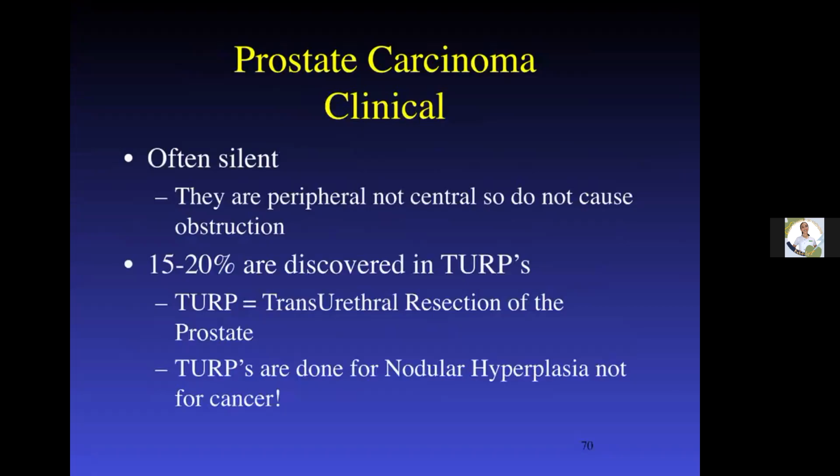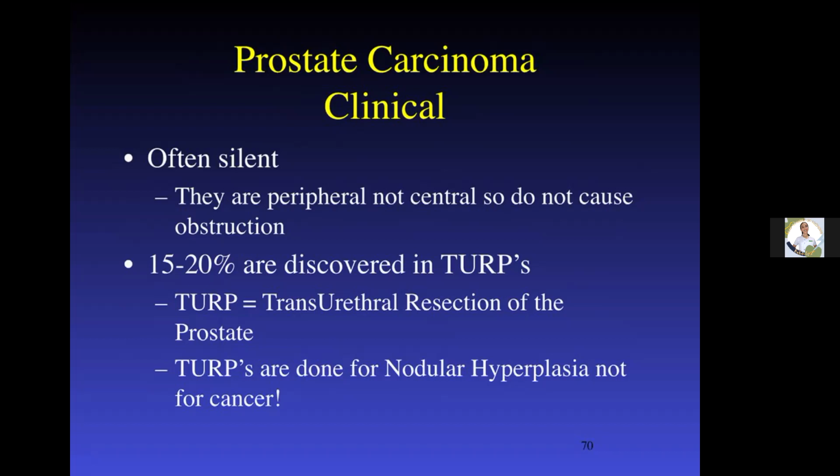Most of the time, prostate carcinomas are silent. They are peripheral, not central, so they do not cause obstruction. 15 to 20% are discovered in TURPs, or transurethral resection of the prostate.